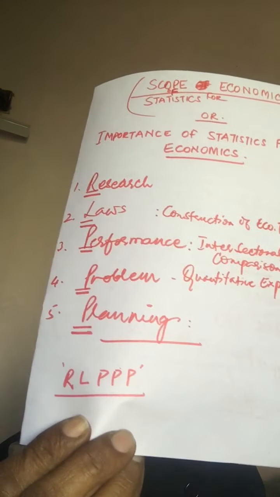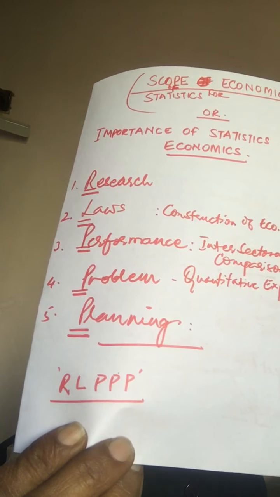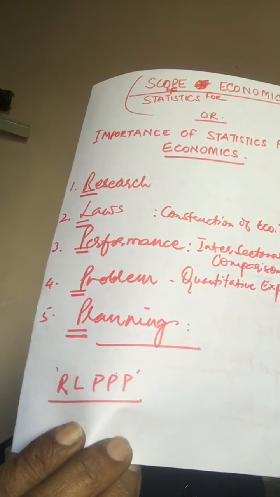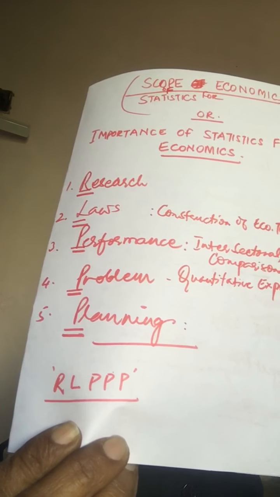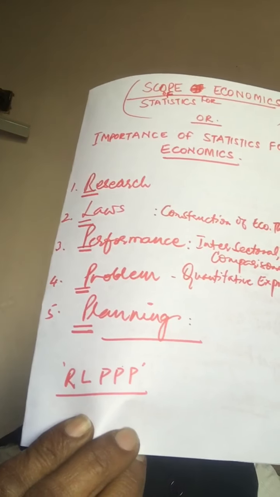Now we're going to talk about problem. Statistical data and statistical methods play a very important role in understanding and solving economic problems such as poverty, unemployment, and disparities in the distribution of income and wealth.